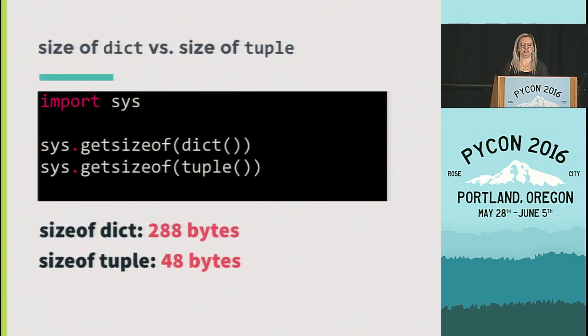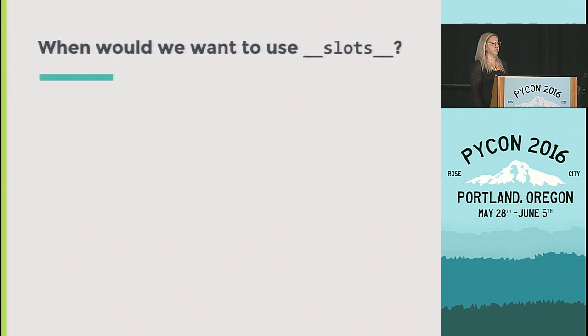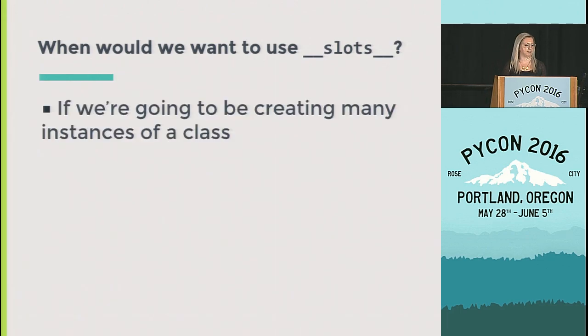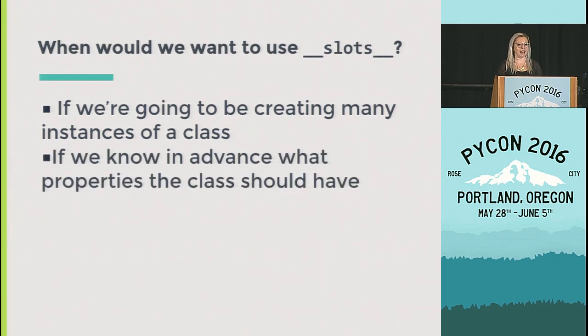Now, that's not a huge difference for one instance, right? But it really adds up when there are lots of instances. So when would we want to use slots? Well, if we're going to be creating lots of instances of a class, they might be worthwhile, and if we know in advance what properties that class should have.